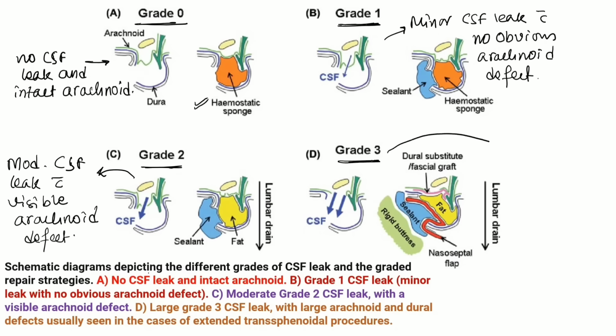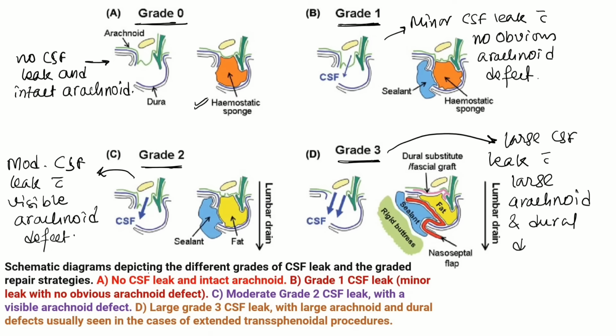Then grade 3, where there is a large CSF leak, no doubt in that, with large arachnoid and dural defects, usually seen in cases of extended transsphenoidal procedures. So grade 0 requires no active intervention, just a hemostatic sponge can be applied.